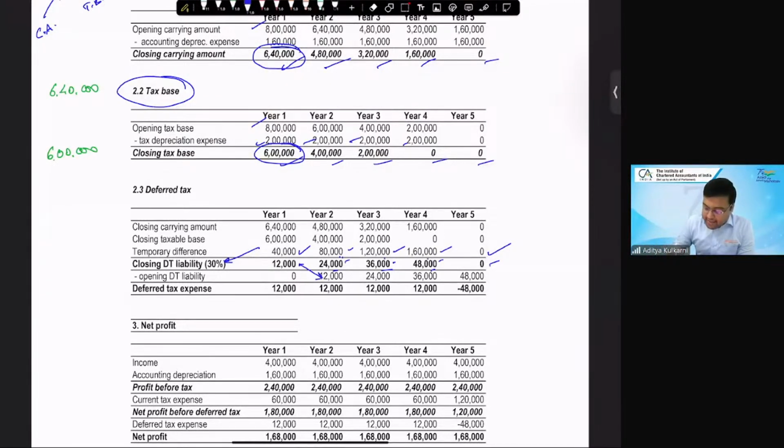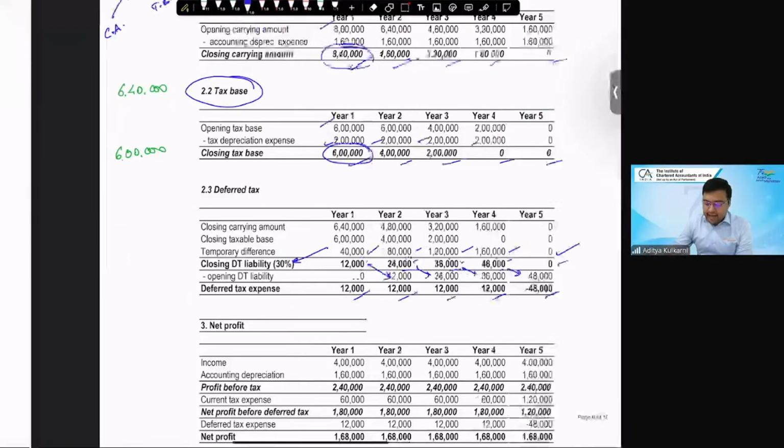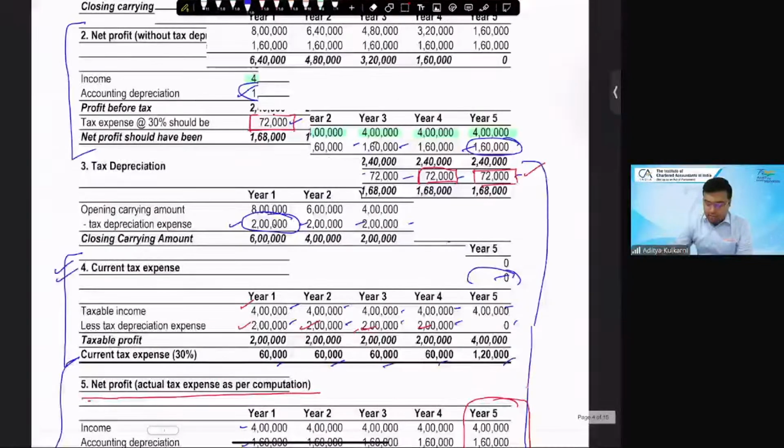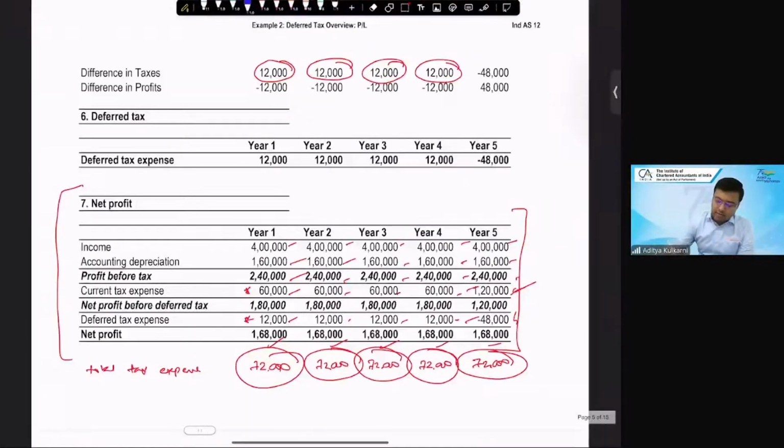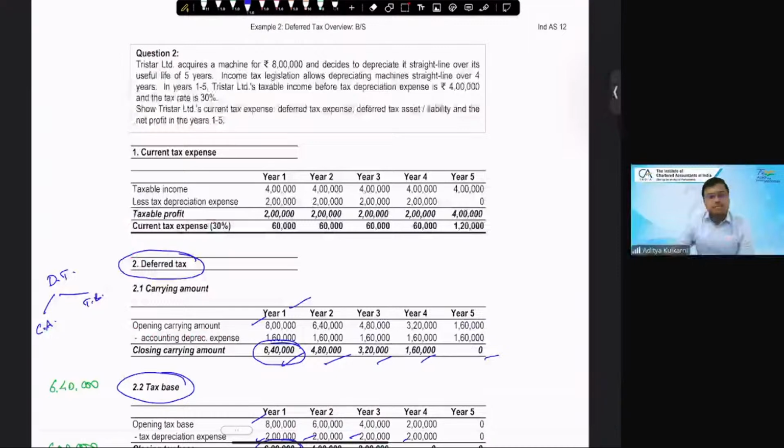When I adjust the opening liability, the deferred tax expense for the year comes to 12, 12, 12, 12 and minus 48 where there is a reversal. Are you okay with this? Is it exactly the same as the accounting profit approach? Yes, here also see, 12, 12, 12, 12 and reversal of 48,000. Is it okay?